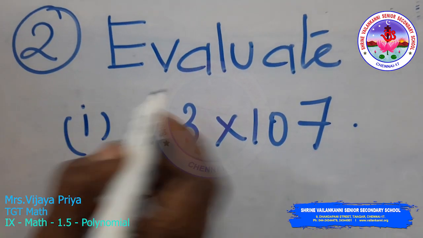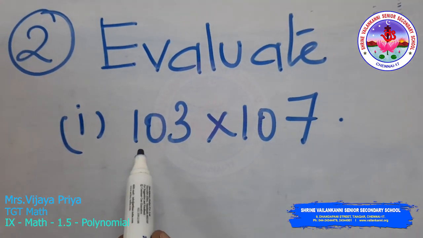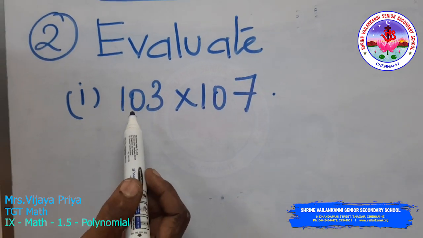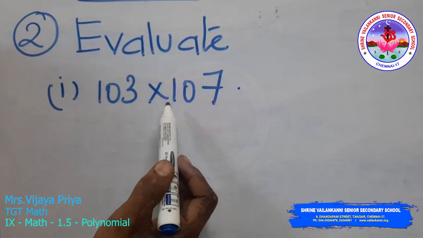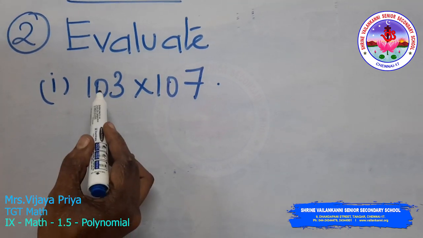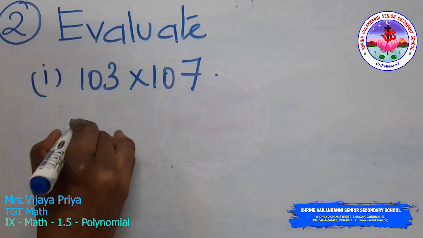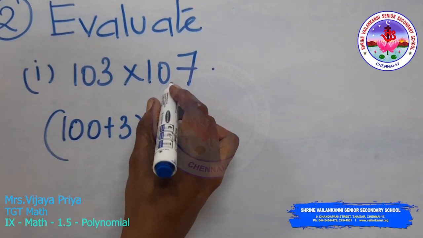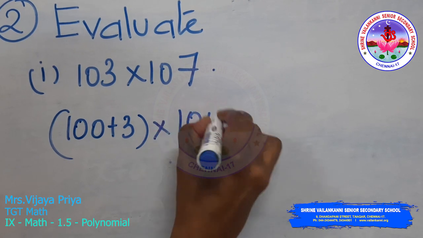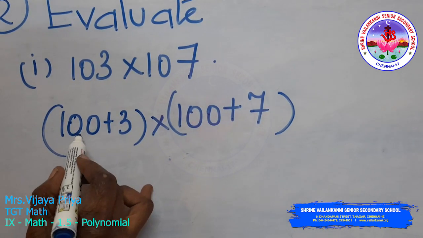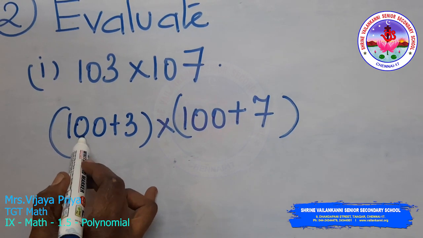Problem: evaluate, first subdivision, 103 into 107. I want to find the value of this product using my algebraic identity. So I am splitting 103 as 100 + 3 and 107 as 100 + 7. Always I want the first number to be a multiple of 10.